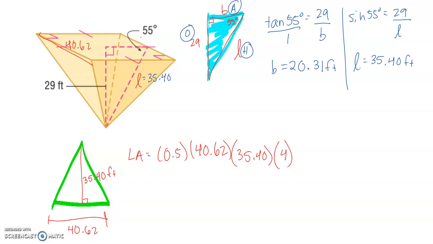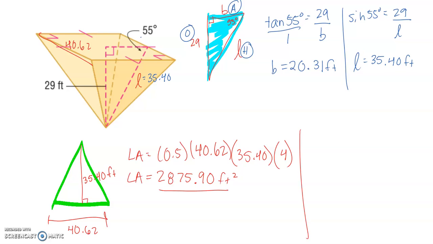So when I multiply that out, I wind up getting 2,875.90 roughly. Once again, depending on how you rounded, you might be getting something slightly different. But you should always double check your work. I'm good to go. So that's going to be feet squared. That's for the lateral area.